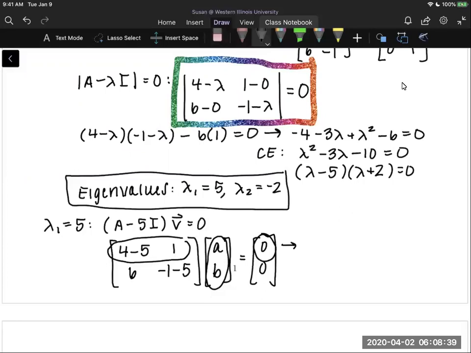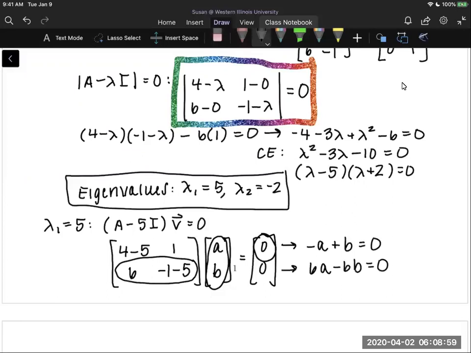So this is negative a plus b equals 0. Now the bottom row gives me 6a minus 6b equals 0.